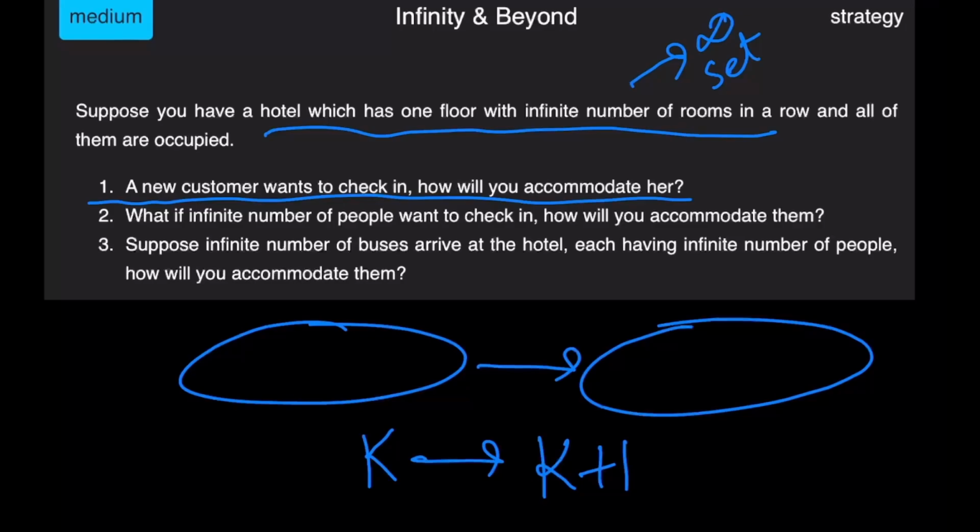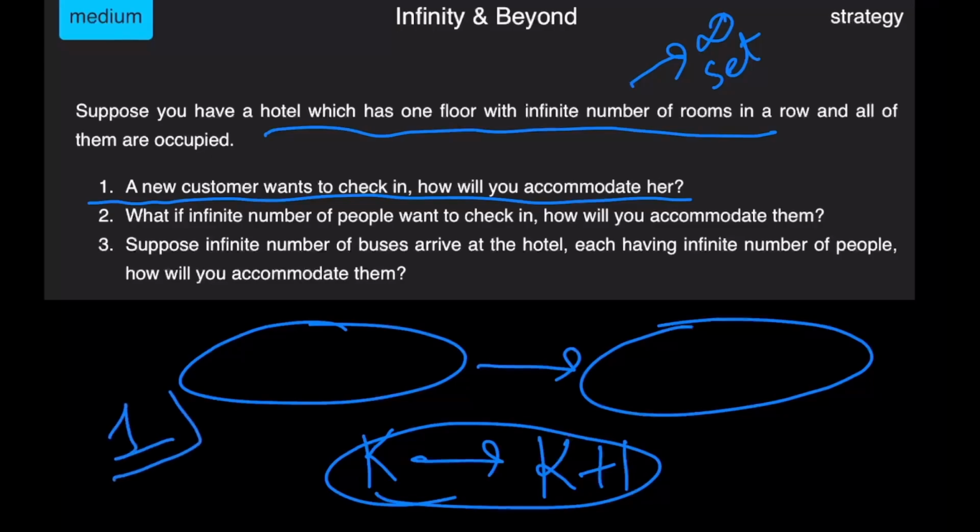Now, what happens is the person in the first room goes to the second room, the person in the second room goes to the third room, and this goes on for however many number of people there are in the hotel. So this is a proper mapping for the given condition, and what ends up happening is room number one ends up being vacant, so the new customer can go and basically reside in room number one.